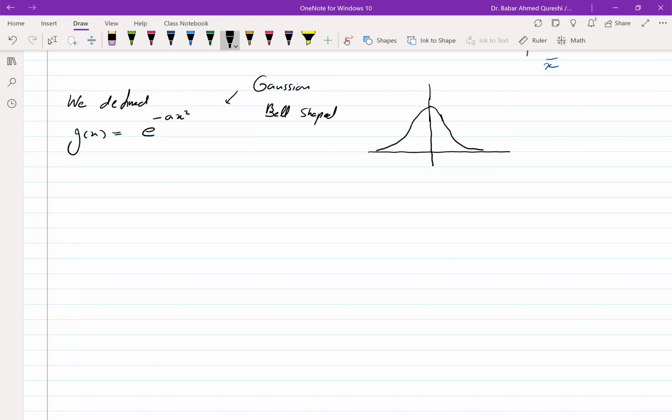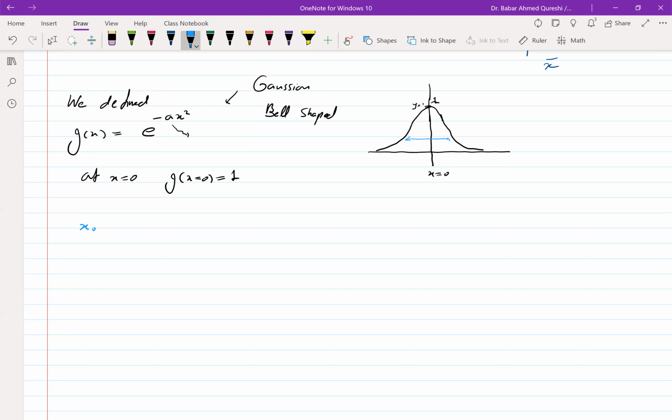And at x equal to 0, its value is exactly 1. So this point is 1 at x equal to 0, on the y-axis. And this thing controls the width of this curve.